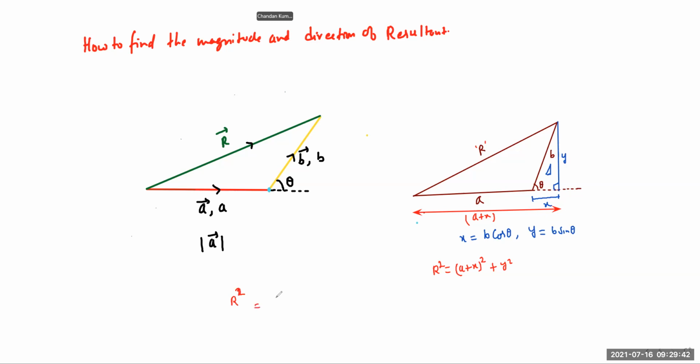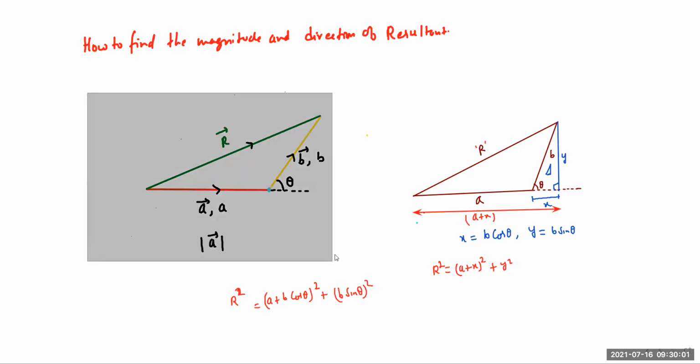I will just substitute the value of x that we just obtained, which is b cos theta. And y itself is b sin theta. And now we can expand. I don't have space here, so let me shift.